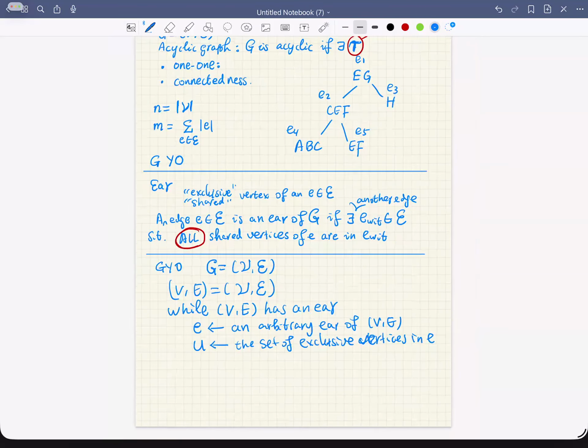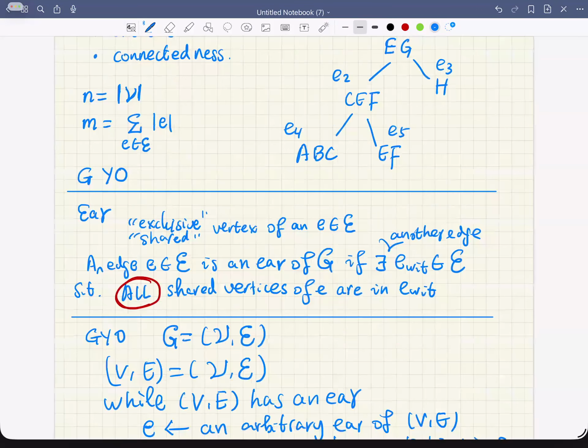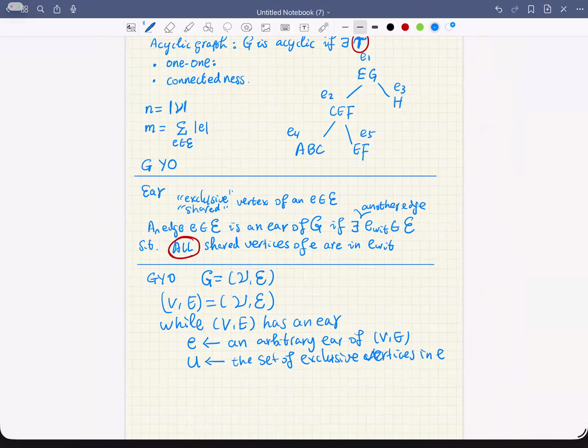And then I'm going to remove the edge from the graph. But if you remove the edge, some vertices will also have to be gone. If it's a shared vertex, this vertex still appears somewhere else. But if it's a vertex exclusive to E, then this vertex will have to be gone, correct?